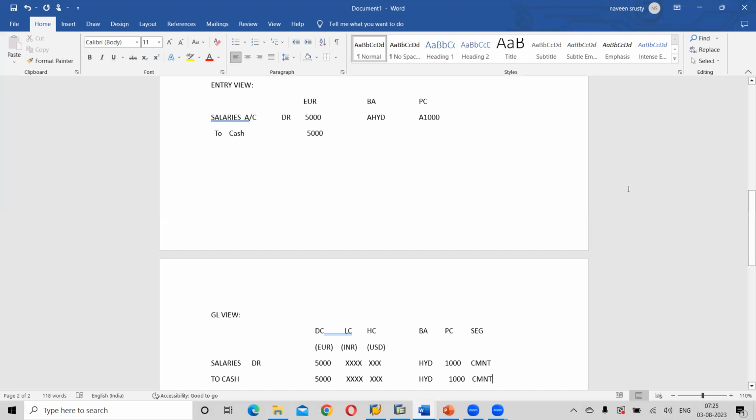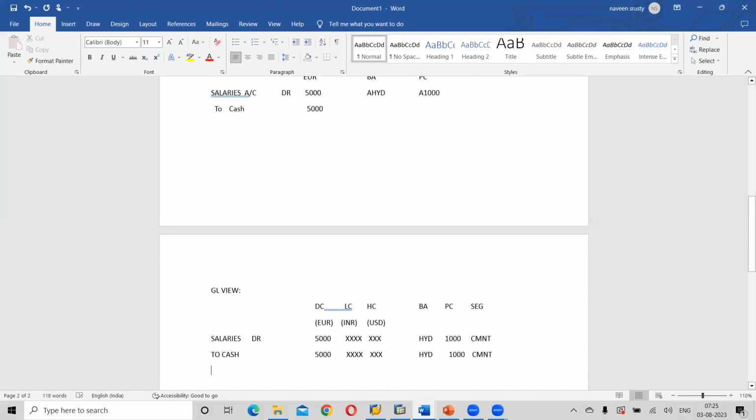In the earlier version, we could have only GL debit equals GL credit. But the new formula says GL plus business area plus profit center plus segment debit equals GL plus business area plus profit center plus segment credit.